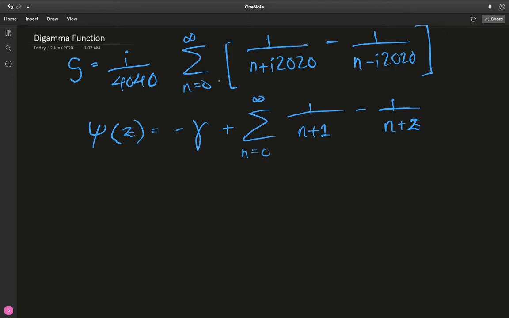So notice that in our series, if you're just looking at this part, since n is the summing index, z would be i times 2020, and then if you look at this part, z would be negative i times 2020.